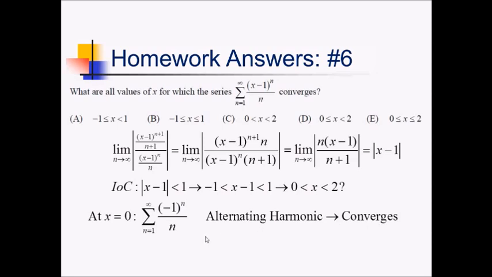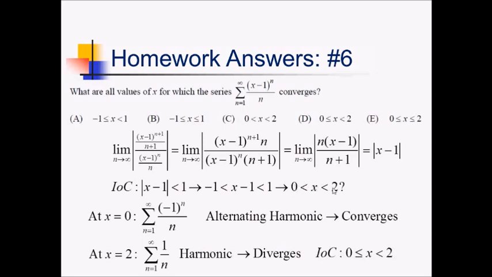So now we move on to the other endpoint of 2. If x equals 2, we've got 2 minus 1 to the n, which is just 1 to the n, which is just 1 over n. Well, this is the harmonic series, which is known to diverge. So writing our final interval of convergence, we can write 0 less than or equal to x less than 2, and that's going to give us choice D.